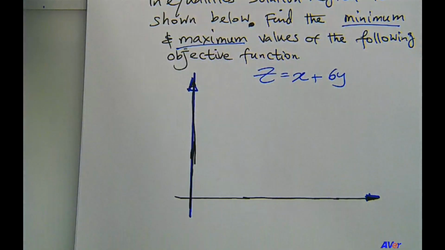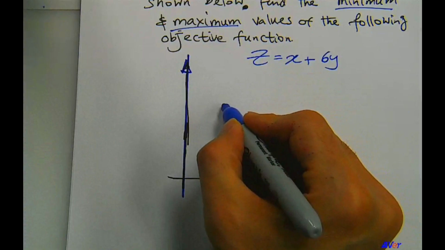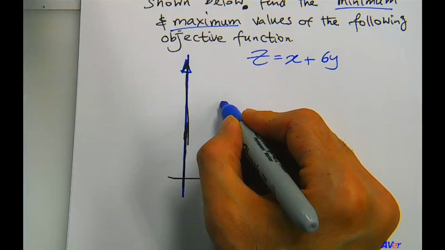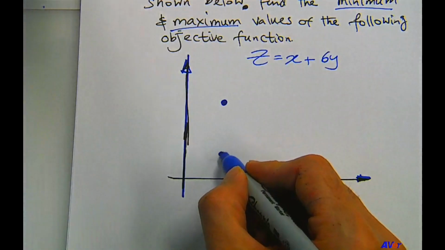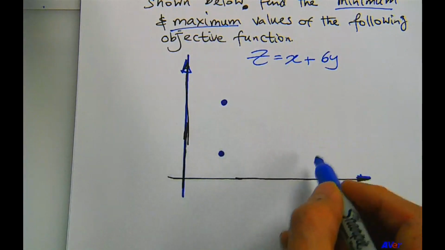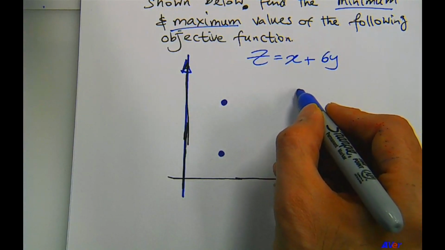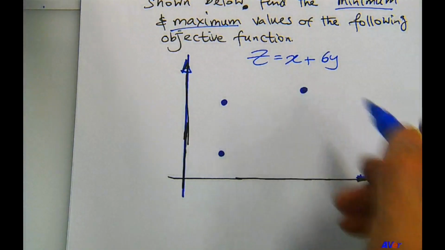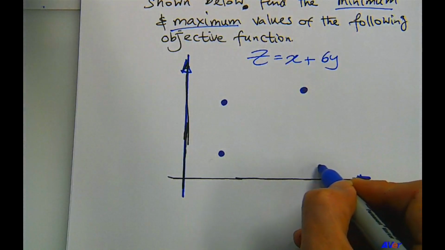All right, so we are given these points on this graph. We are given this point and this point and this point here and this point here.